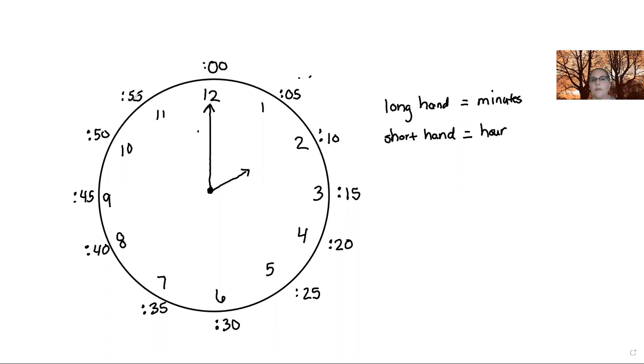So that's when we count by fives. We would skip count by fives for each one of those to tell us what the minutes are for each of our numbers.